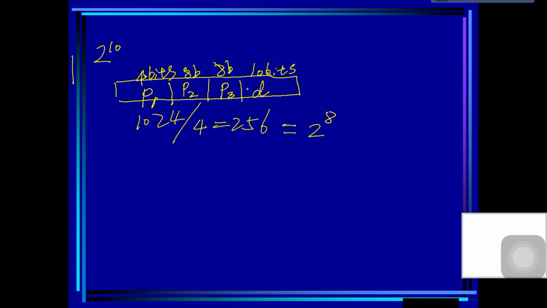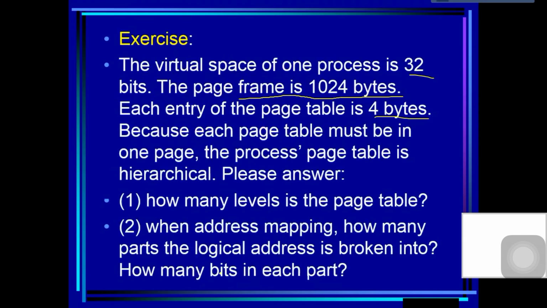The first part is 4 bits, the second part is 8 bits, the third part is also 8 bits, and the lower 10 bits is the offset within the page. So this is the answer for this exercise.